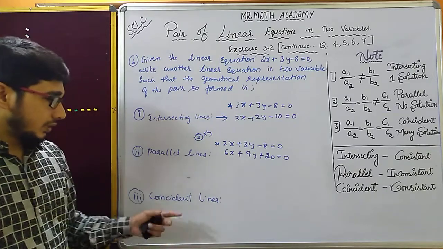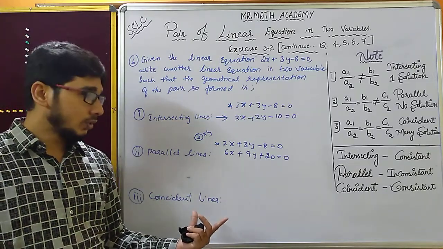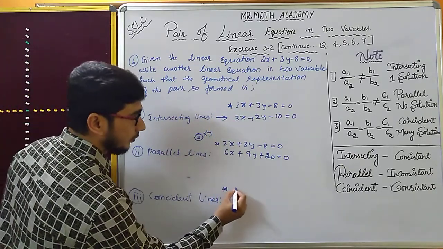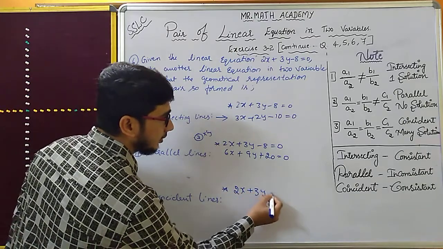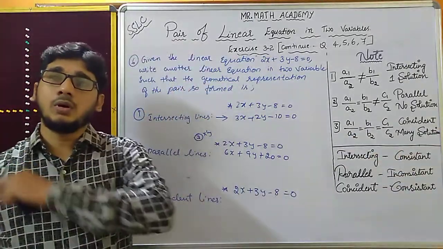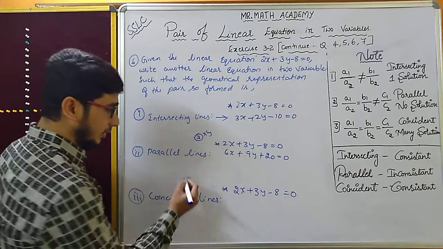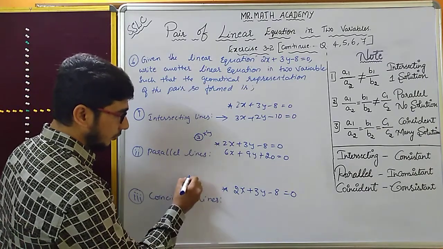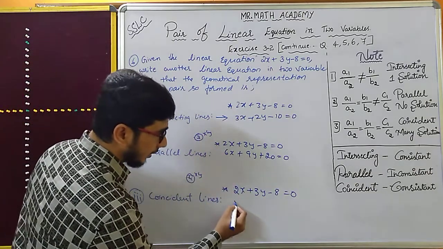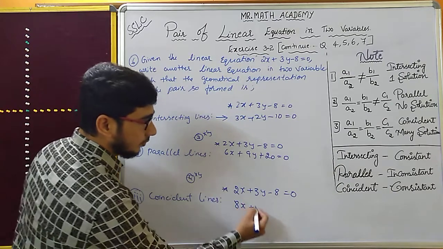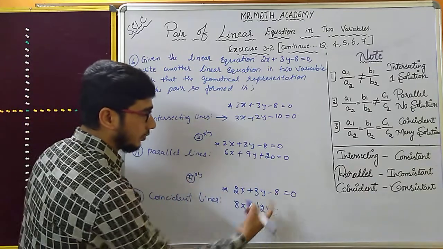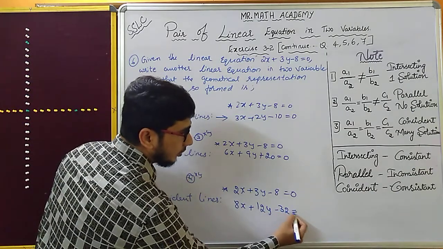Okay. Next, if you want a coincident line, all should be equal. I will consider the equation they have given, 2x plus 3y minus 8 is equal to 0. All should be equal means you have to multiply all the numbers with any one number. I will take 4. Multiply for everyone: 4 2s are 8x, 4 3s are 12y, minus 8 4s are 32 is equal to 0.